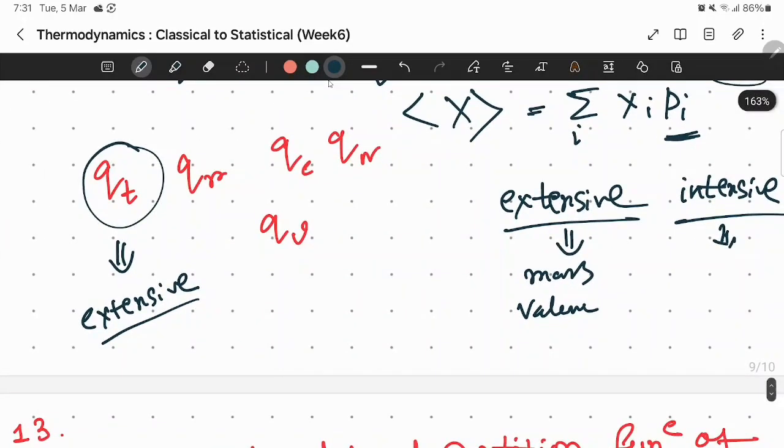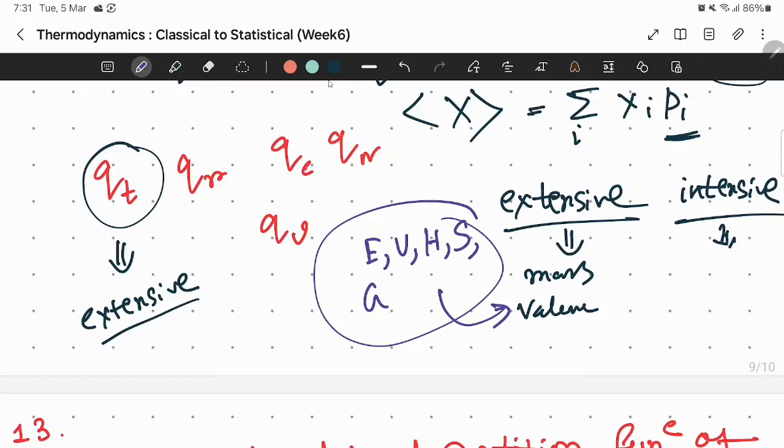If you study chemical potential, internal energy, enthalpy, entropy, Gibbs free energy, these are all extensive properties. They depend on the mass and volume. But the chemical potential and the density are intensive properties because they are independent.